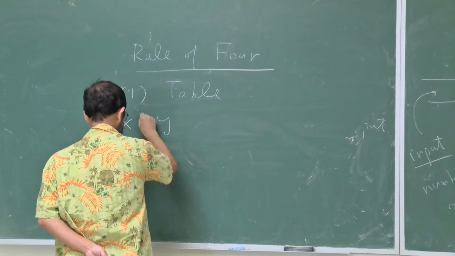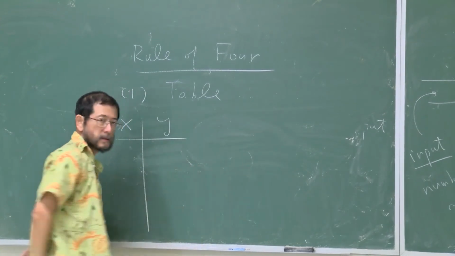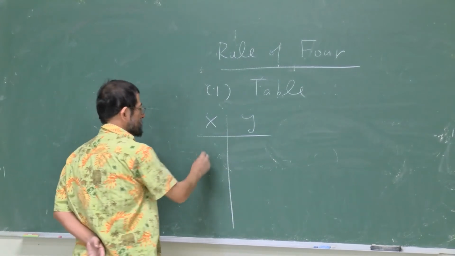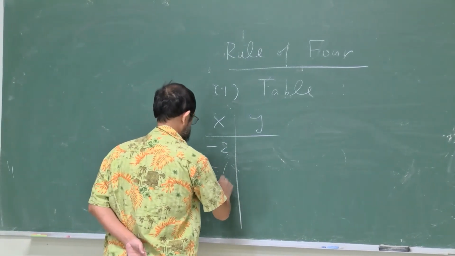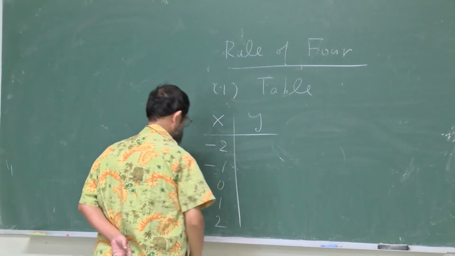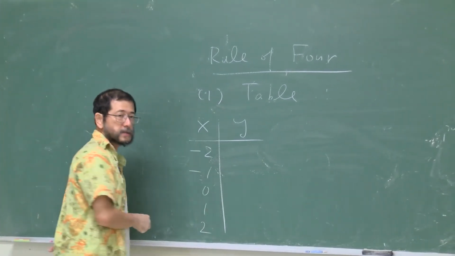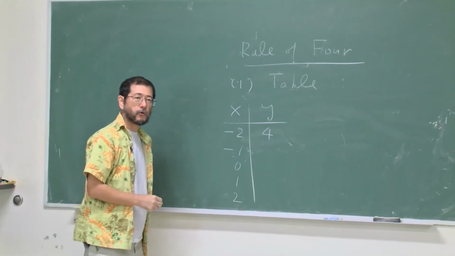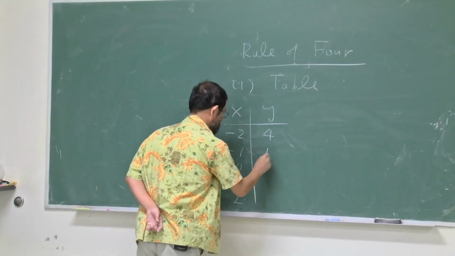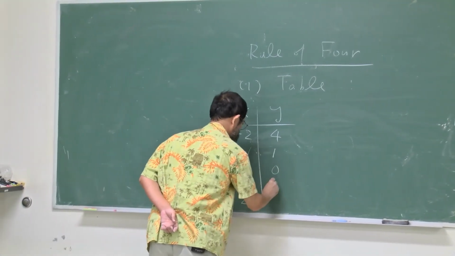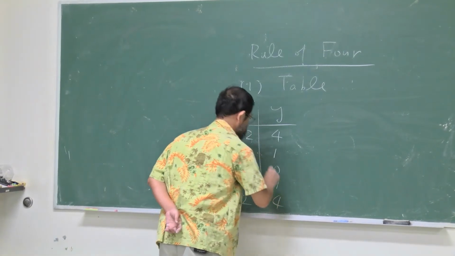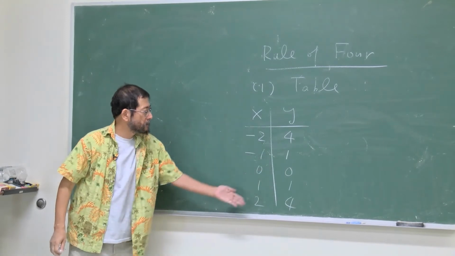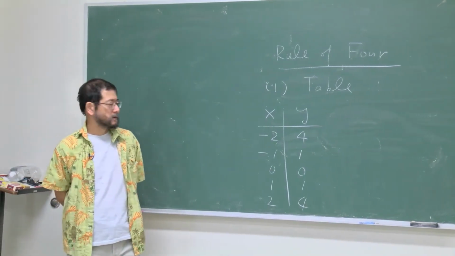Simply, you list the typical values. Let's look at one example. Let's say my input is -2, and suppose the function returns 4. Negative 1 to 1, 0 to 0, 1 to 1, and then 2 to 4, for example. So this is one way to describe the function.